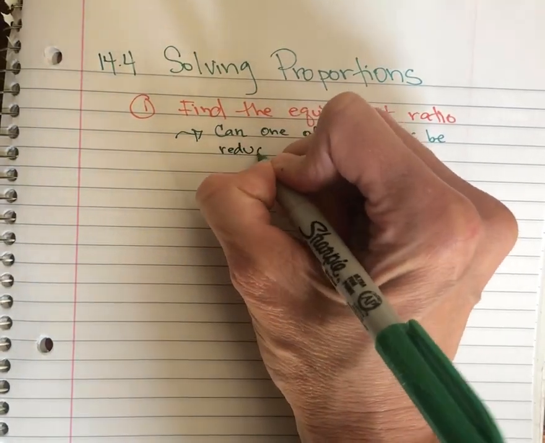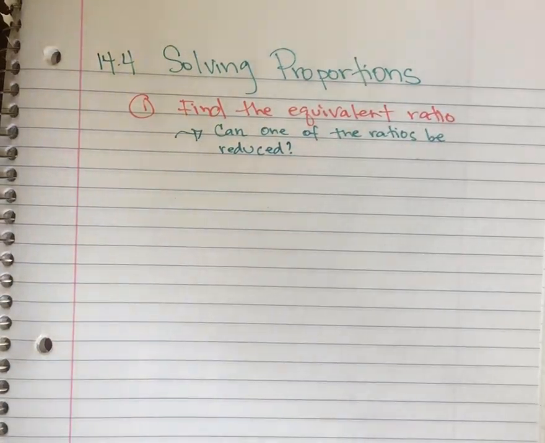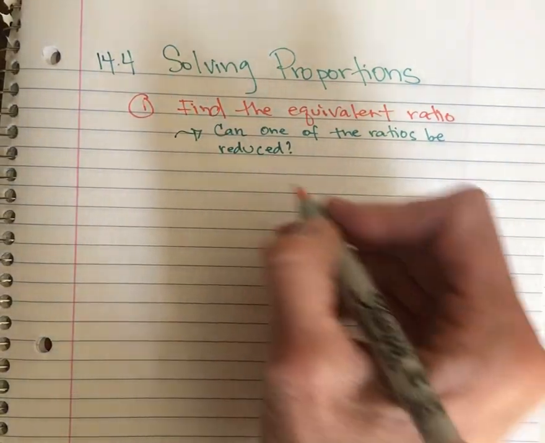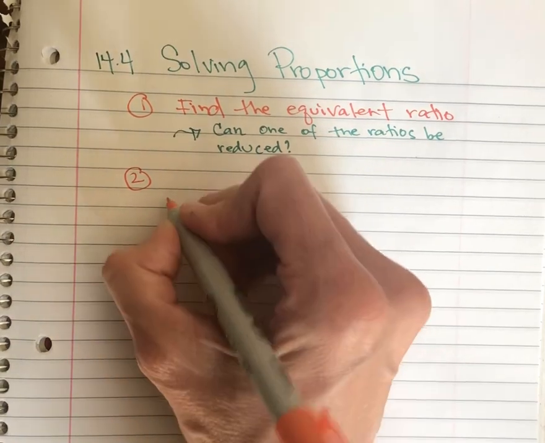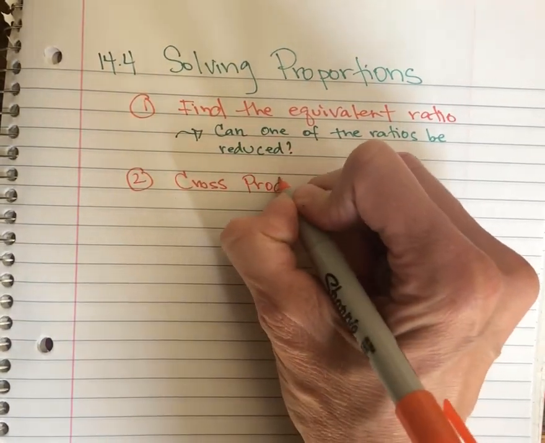That might help you find the equivalent ratio. If you can't reduce one of the ratios to help you do that, then you're probably going to need to resort to cross products.